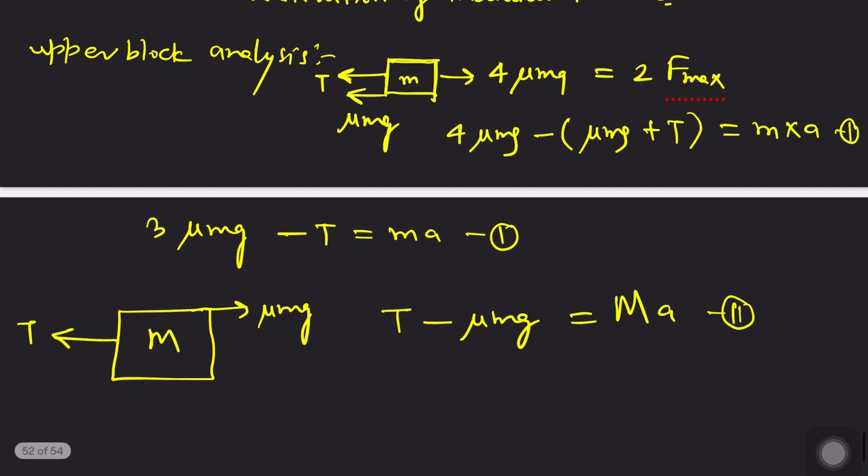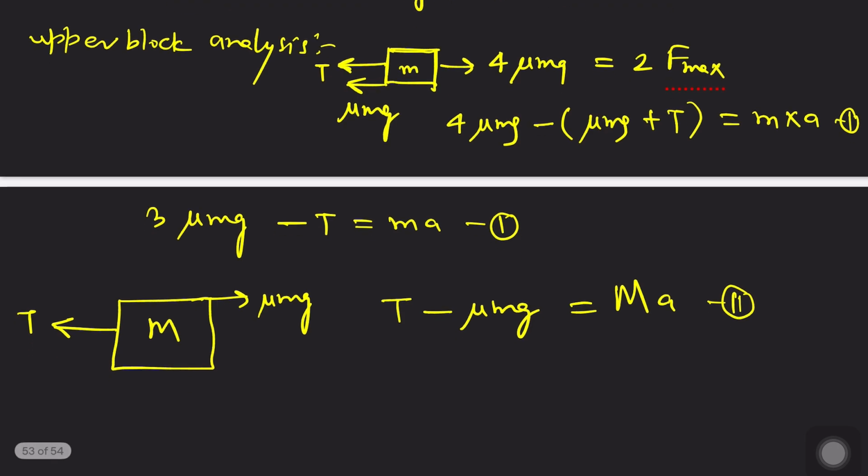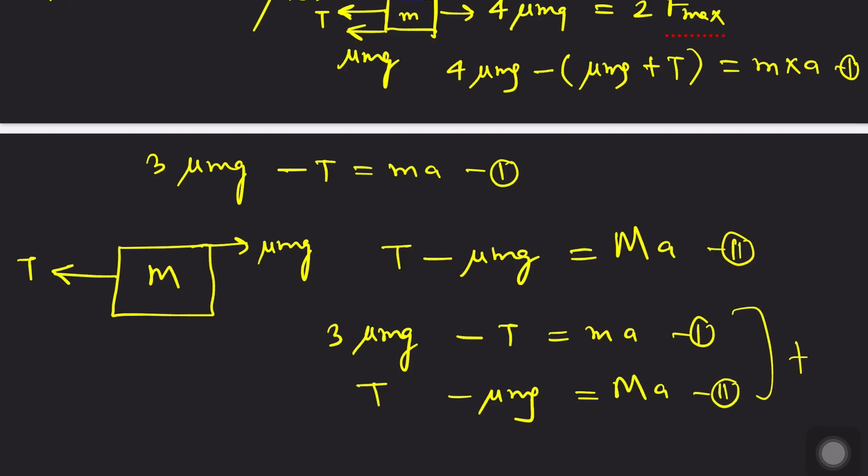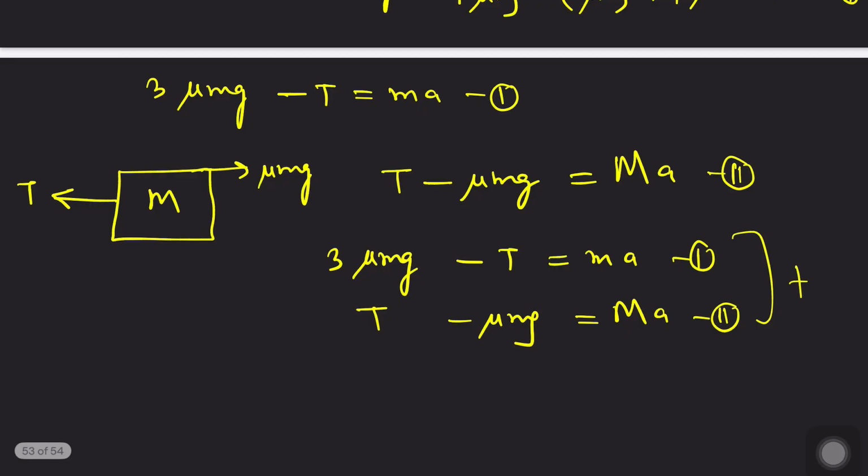Now I'll use the elimination method to find the acceleration. If you see, 3 mu mg minus T is equal to small m into a, equation number 1. And T minus mu mg is equal to capital M into a. Add both of them. If you add, this and this get cancelled.